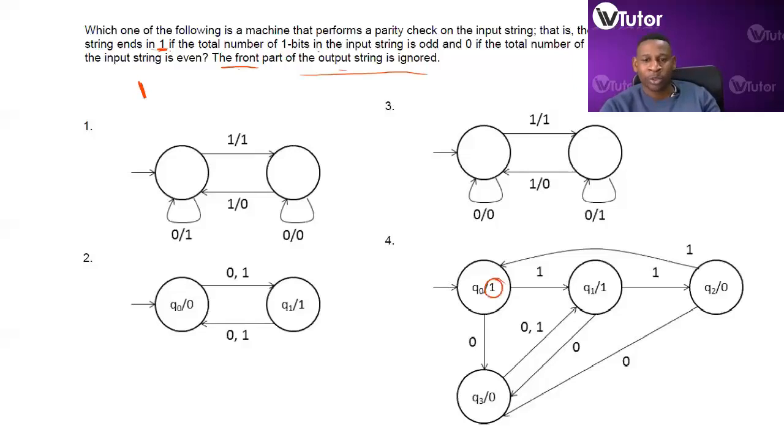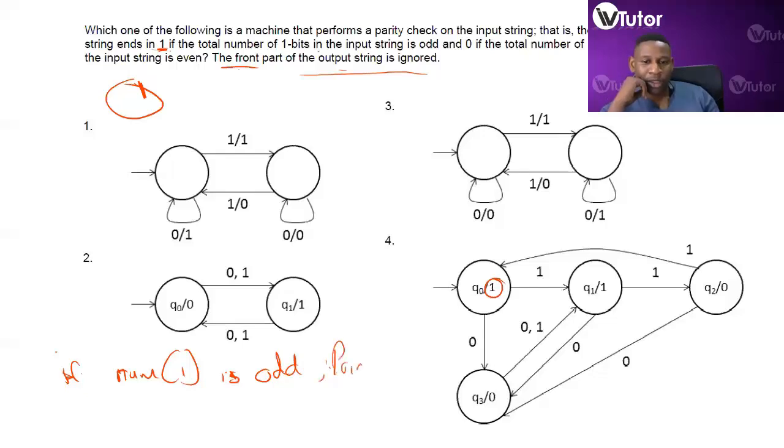So if the output was 1, we're going to ignore that. Now we want to check: if the number of ones is odd, then print 1; if even, then print 0.